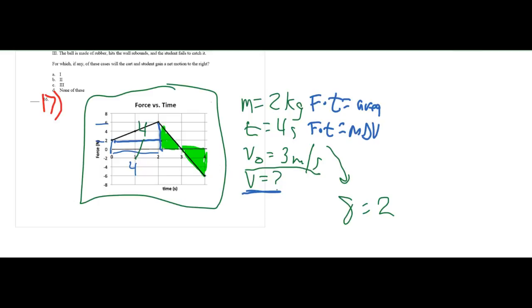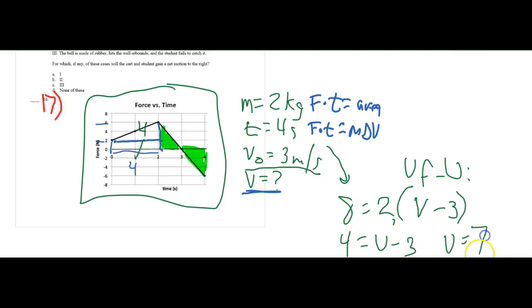From this, I want change in V, which is the same as V final minus V initial. The V final is what I am looking for, and the V initial is 3. Doing this algebra, 8 divided by 2 gives me 4 equals V minus 3. So V equals 7 meters per second.